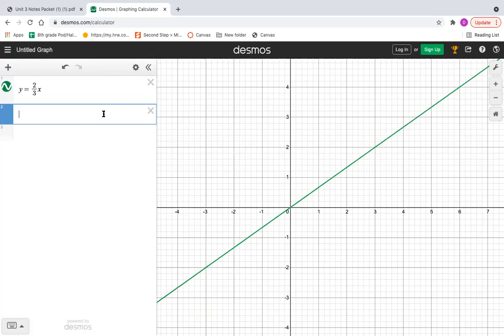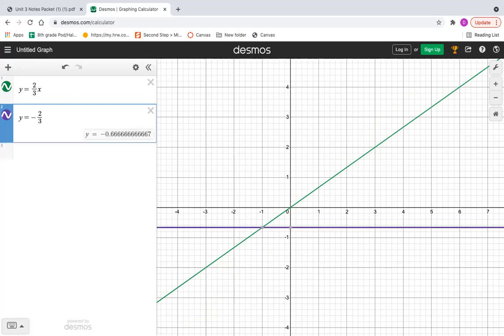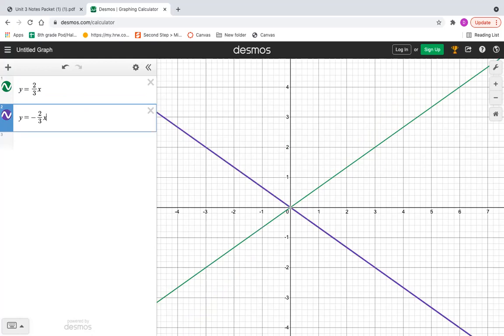Then all of a sudden we say, hey, we're going to enter in y equals -2/3 x. So same number, just negative. Notice how everything that was going up is now flipped about this x-axis. But you do see a lot of symmetry going on with this, just by throwing that negative in there.